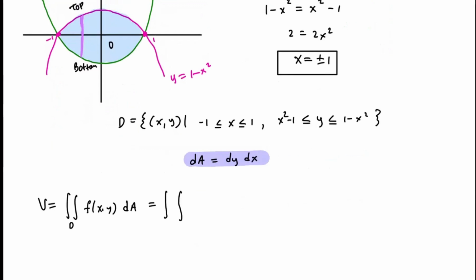The inner integral is with respect to y, so we'll have x squared minus 1. Here we have 1 minus x squared. That's the upper limit of integration. The lower limit for the bound on x is negative 1. The upper limit is 1. And here we're going to have the surface, the top and the bottom.